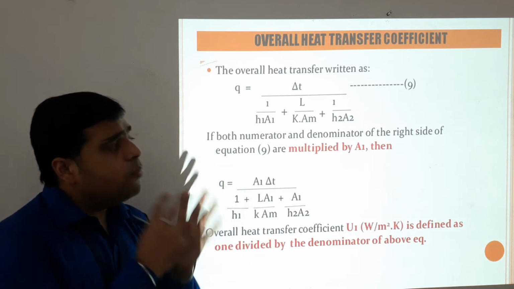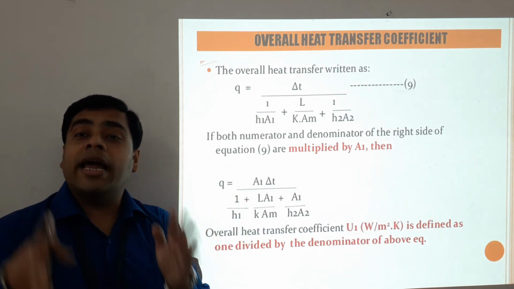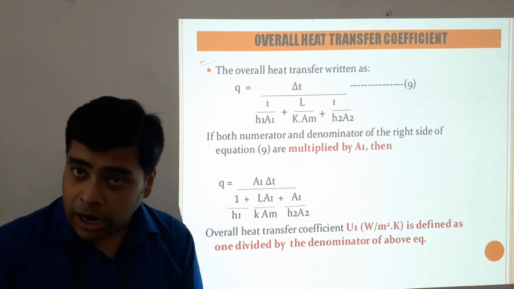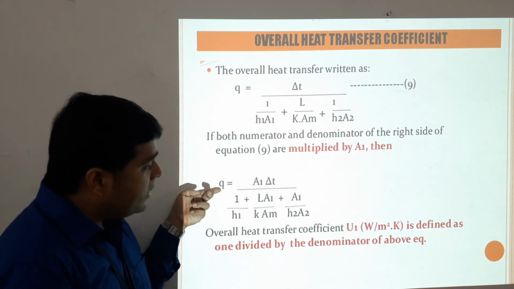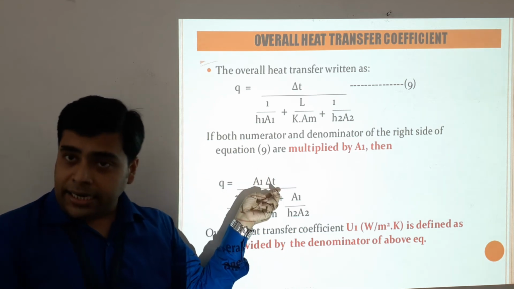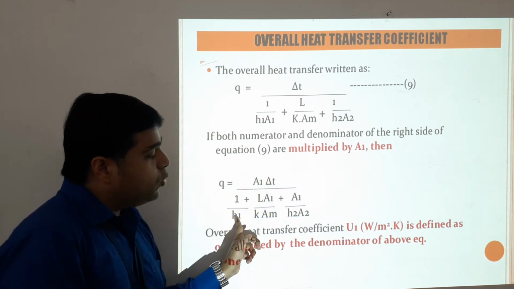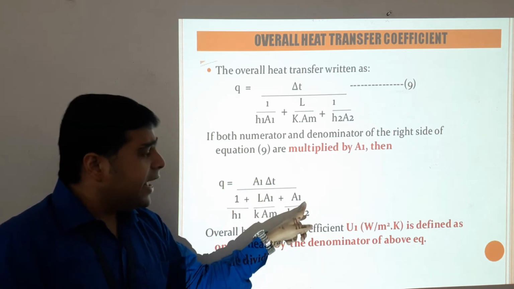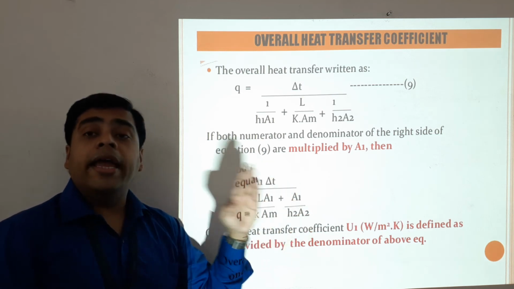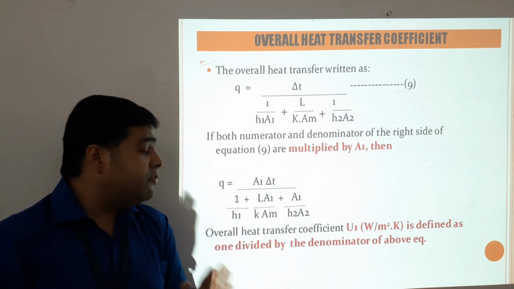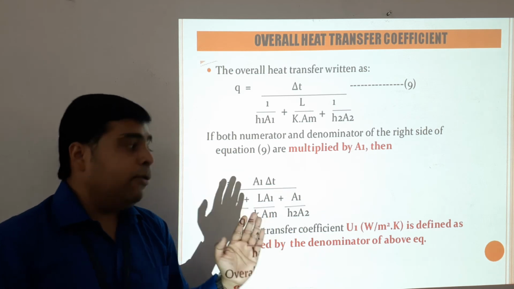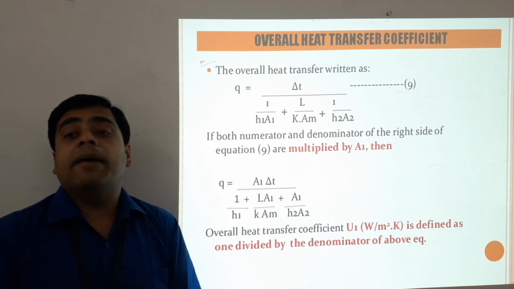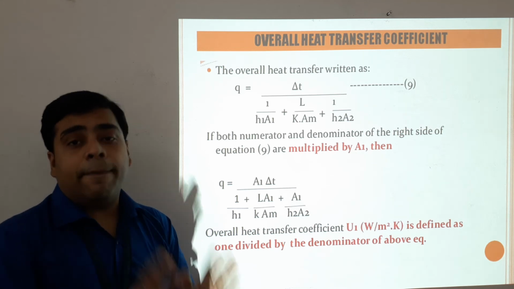If both numerator and denominator of the right side of this equation are multiplied by capital A1, then we can get Q is equal to A1 into delta T divided by 1 by H1 plus L into A1 divided by K into AM plus A1 divided by H2 into A2, and the overall heat transfer coefficient U1, in watts per square meter Kelvin, can be defined as 1 divided by the denominator of the above equation.